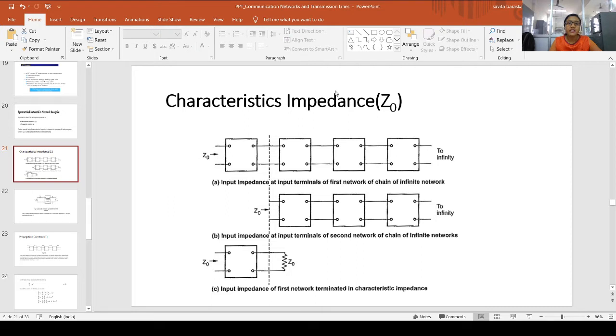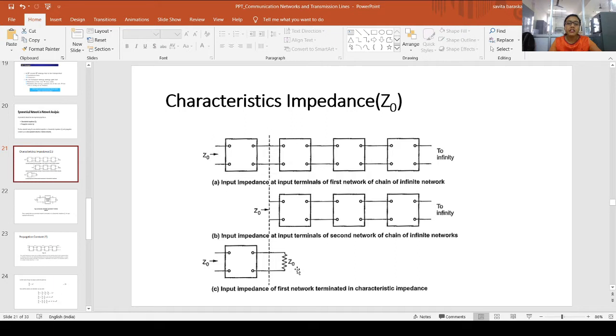For the characteristic impedance, we have to see the input impedance of the first two terminals of the two port network. Here the input impedance is denoted by Z naught. This input impedance will become the characteristic impedance for the whole transmission line. This transmission line is terminated in its characteristic impedance, and here the load is represented by Z naught.